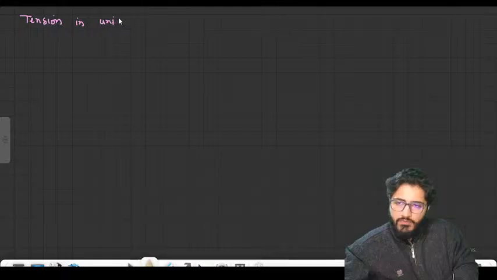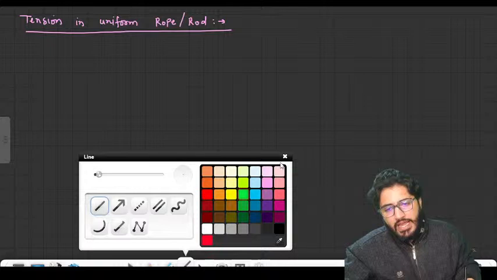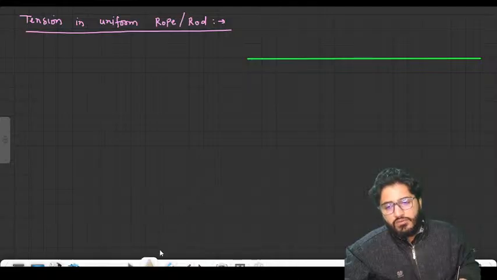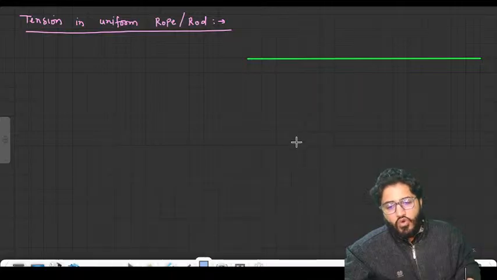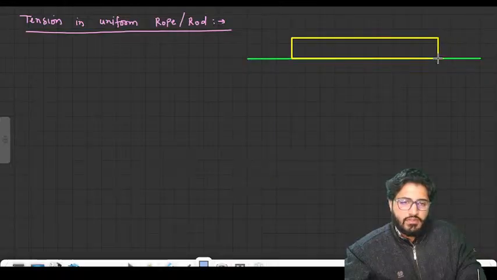Okay, look now. What will be the tension in a uniform rope or rod? That means if we are having a rope or a rod, like this.